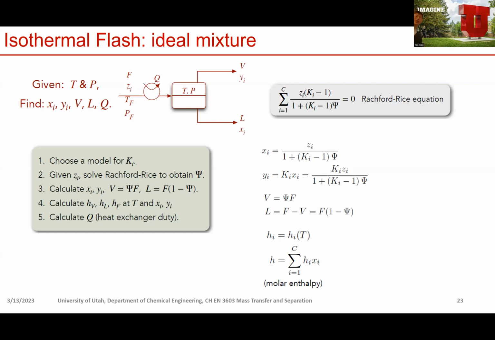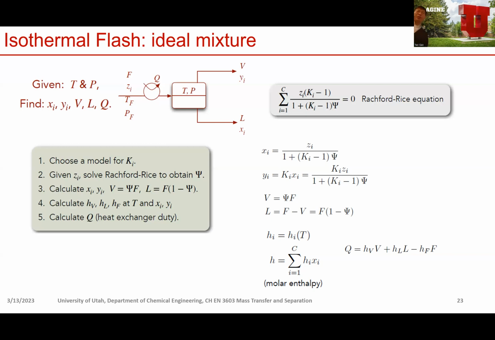The way we do that is first we compute the enthalpy of each component at temperature T, which is given in this case, and then we can compute the enthalpy of your feed and your vapor phase and the liquid phase. Then you can compute the duty on the heat exchanger using the energy balance equation.